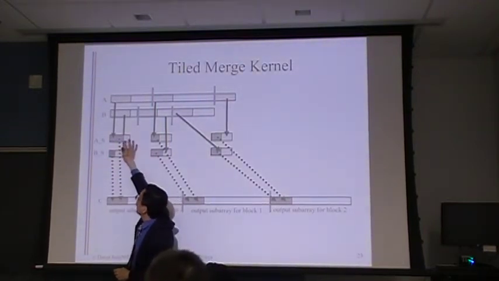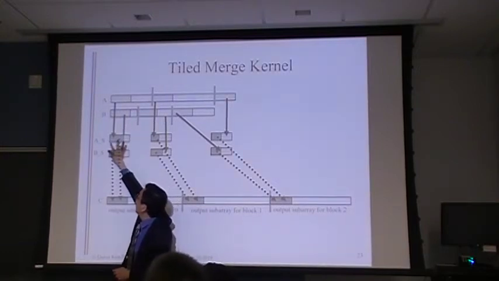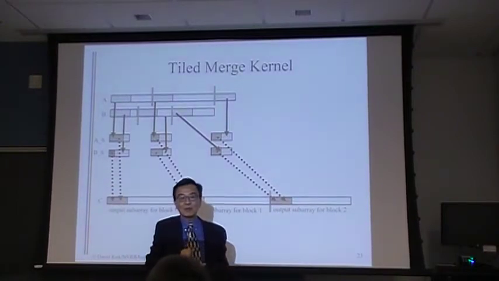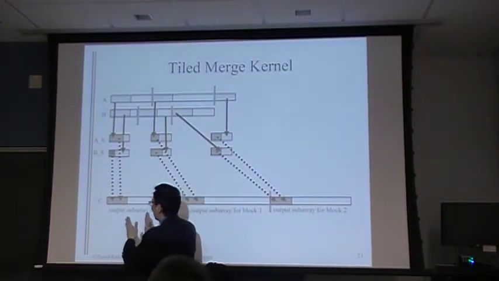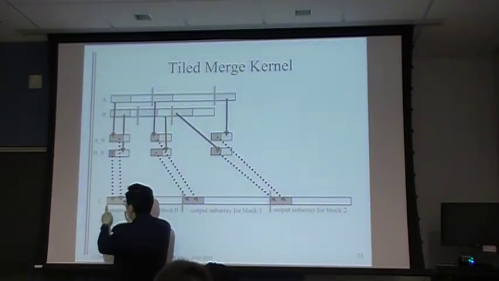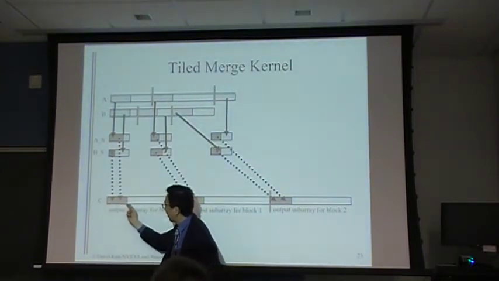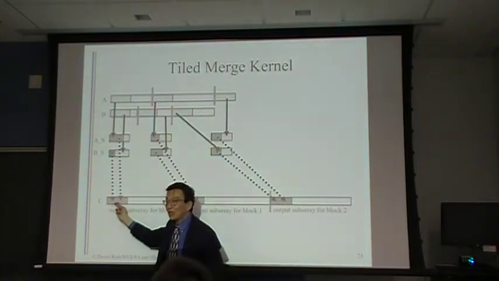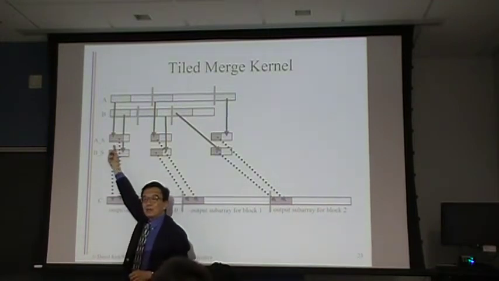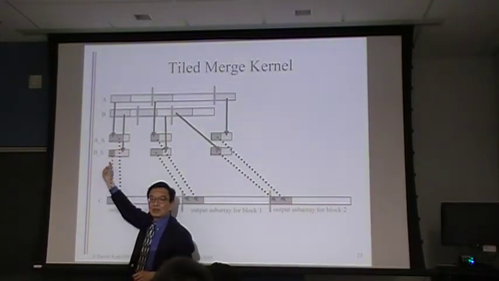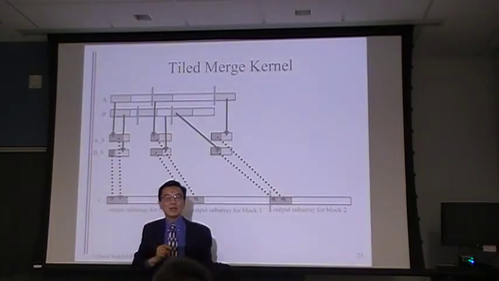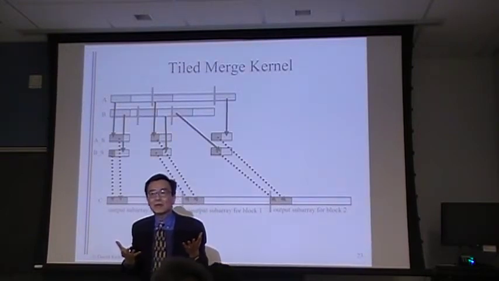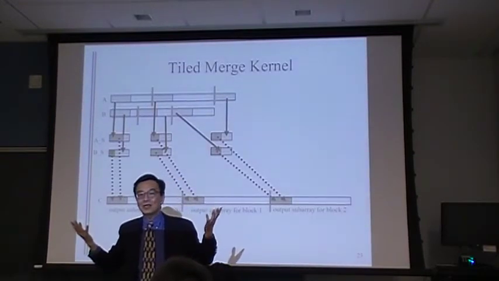So some of the data here will have been used in filling C, right? And this is where the inefficiency will be. Because remember, in order to fill a section here, let's say 256 elements, I actually need to fetch 256 and 256 each from A and B. Because in the worst case, all the 256 could come from A. It depends on data distribution, I have no idea.